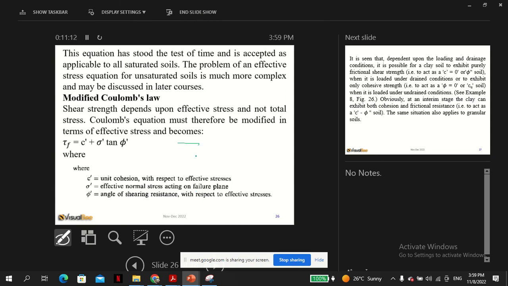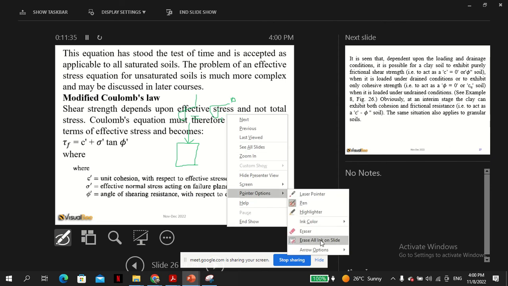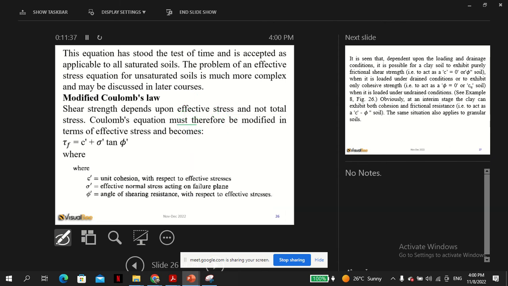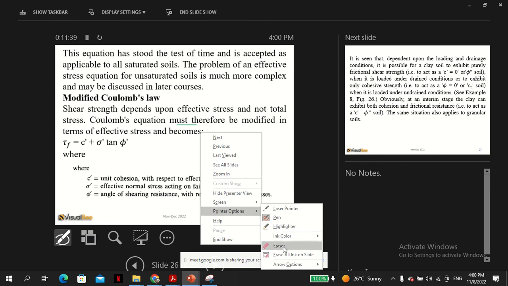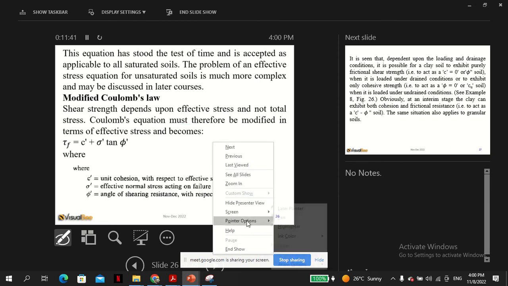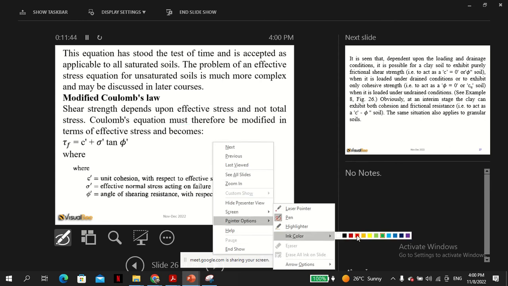Sometimes we cannot measure the pore water, but if we can, then these values, sigma 1 here, would be the total stress. So let me just be clear: the ones with an apostrophe are the effective stress parameters.